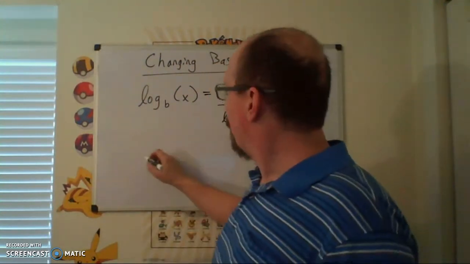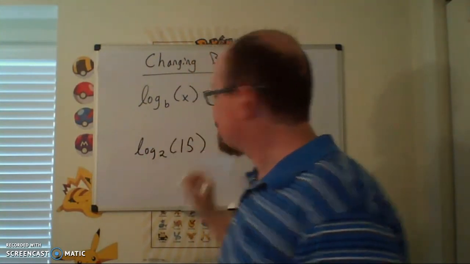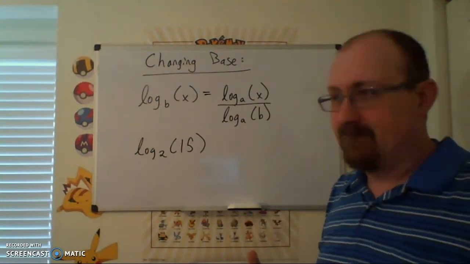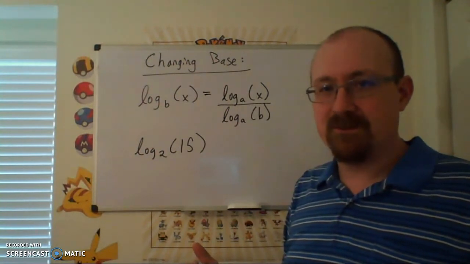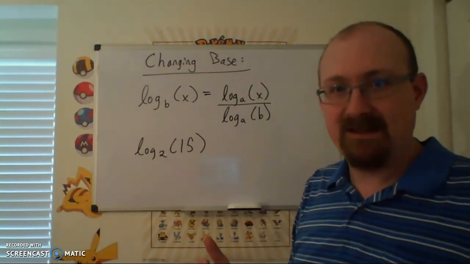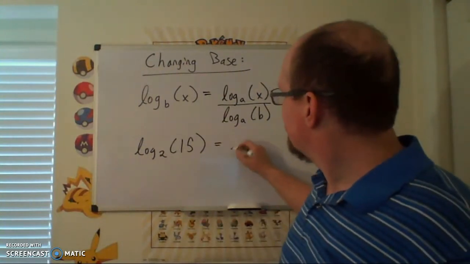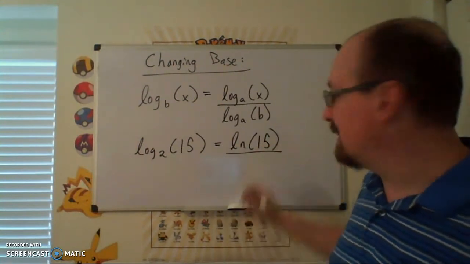So, for example, suppose that for some reason or another, we need a base 2 logarithm of 15. Again, your calculator may have a base 2 log hovering around in there somewhere, or a fill in the blank for your base type log command. We don't need it. So I'm going to use the natural log instead.